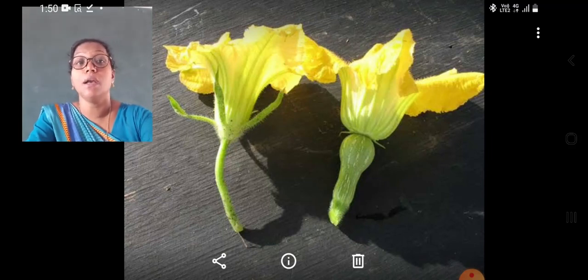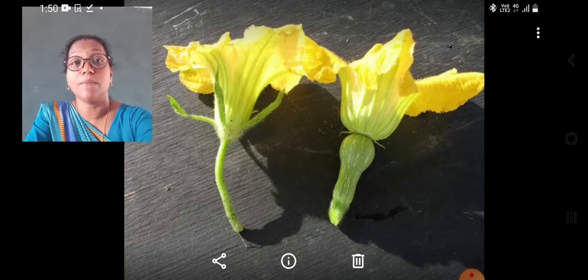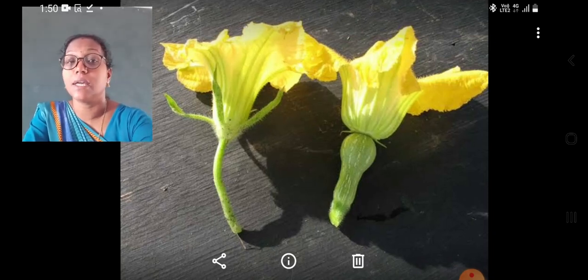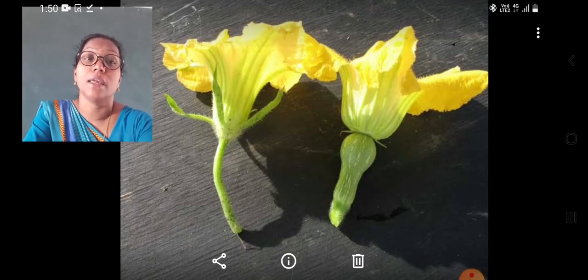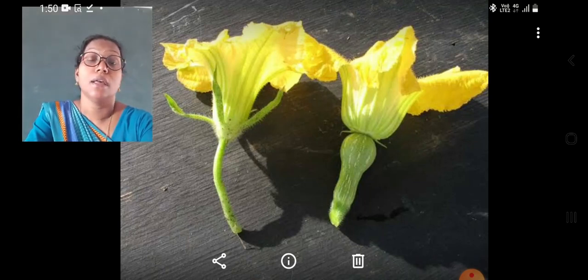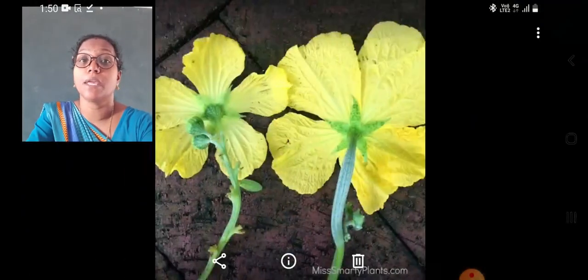For example, the flowers of pumpkin, the first one, that is the male flower, the second one in which you can see a small pumpkin, that is the ovary of this pistil. So that is the female flower of the pumpkin.